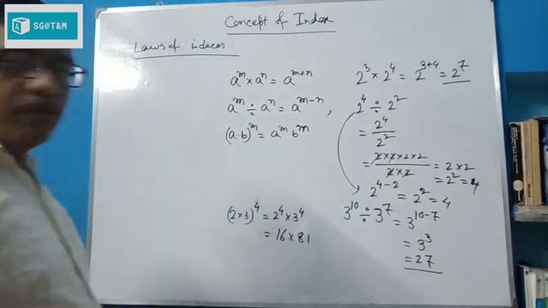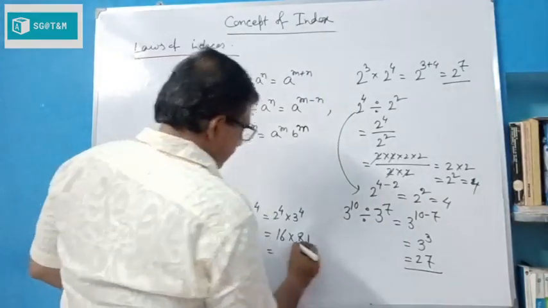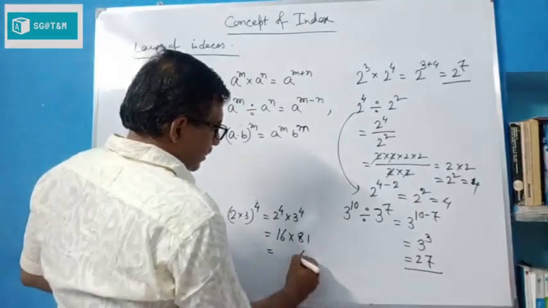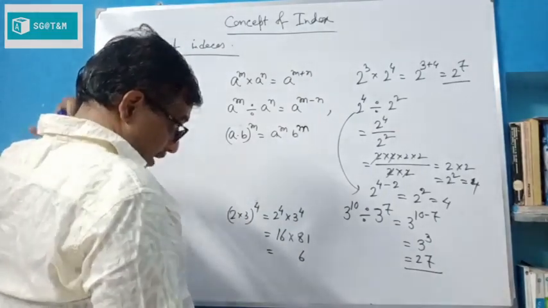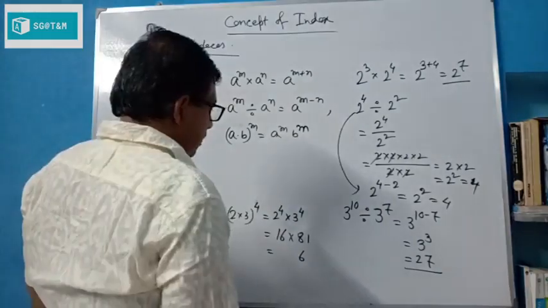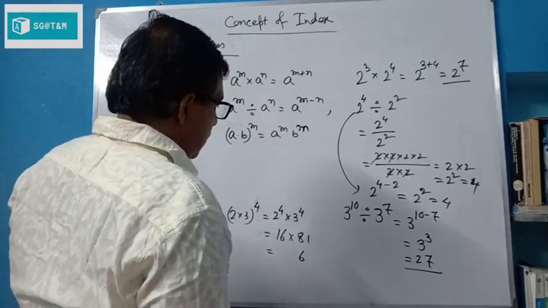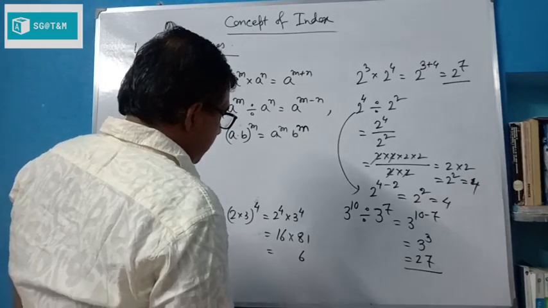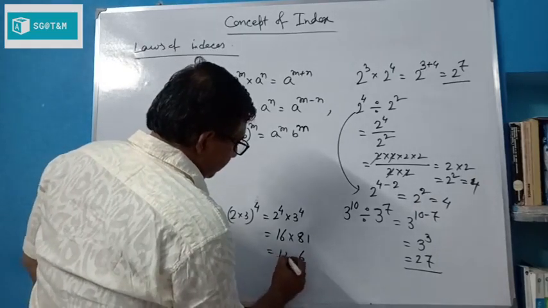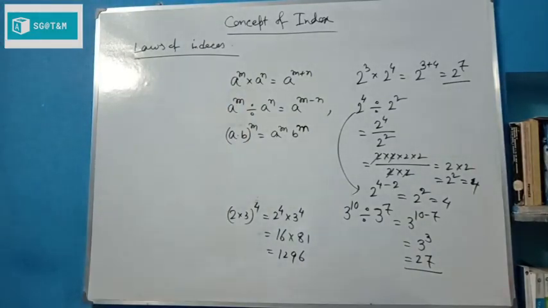Now 16 into 81, how much? 16 ones are 16. 16 into 81 is 1296. Check it.